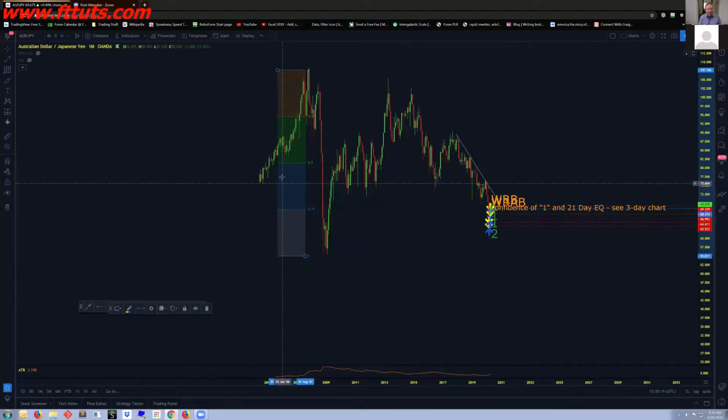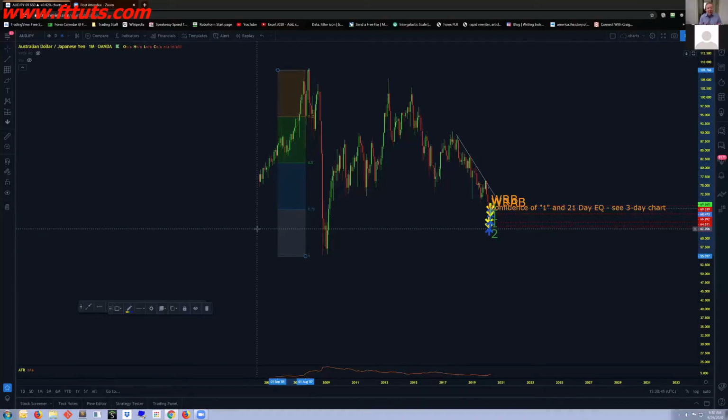But as you see, I have 25, 50, 75, so 4 quadrants, all broken up into 4 equal parts. I want to know the quadrant price is trading in, because each one of these quadrants is going to have its own respective equilibrium. I want to know the quadrant we're in, and I want to know where equilibrium is.